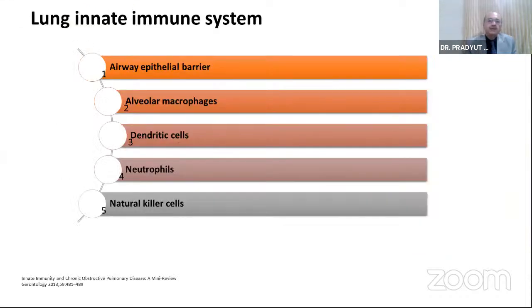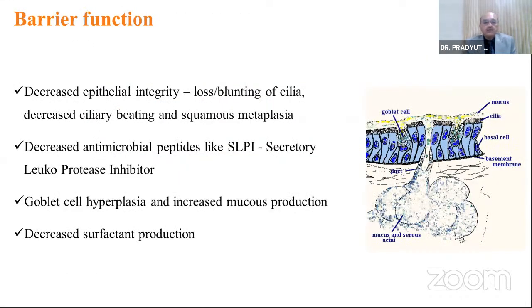Coming to the epithelial barrier first, in COPD what happens? There is a decreased epithelial integrity, that is the cilia which are normally present well. Here there's a loss of cilia or there's a blunting of cilia. So this results in decreased ciliary beating. Number 2, there is decreased production of a component called secretory leukoprotease inhibitor.